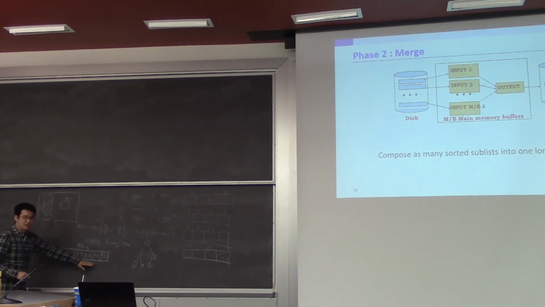Why did I mention the array? Because in a complete binary tree, say this is the subscript of each cell: 0, 1, 2, 3, 4, 5. For 0, its left child will be 2 times 0 plus 1, and its right child will be 2 times 0 plus 2.